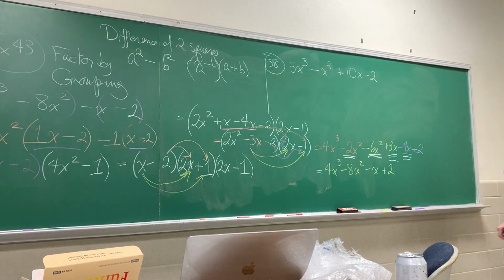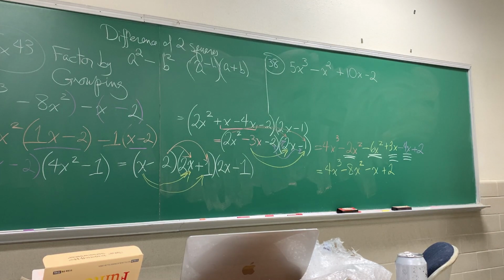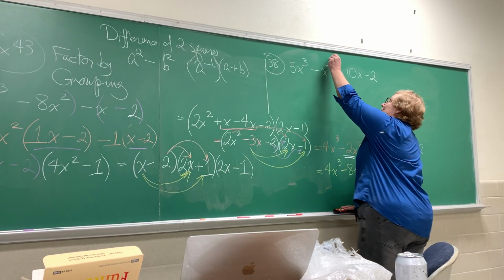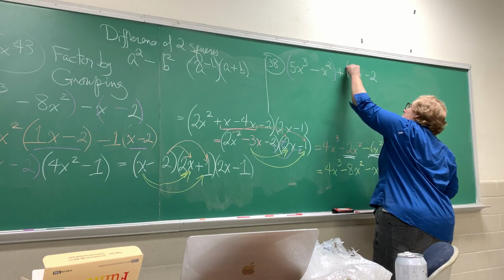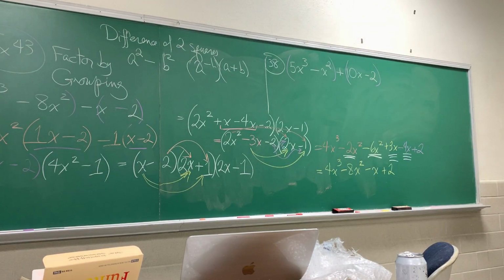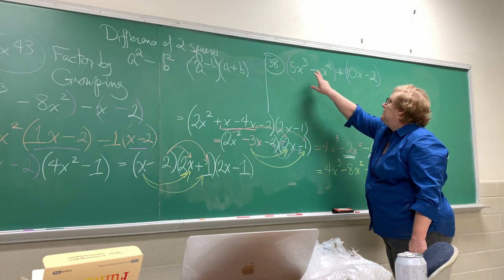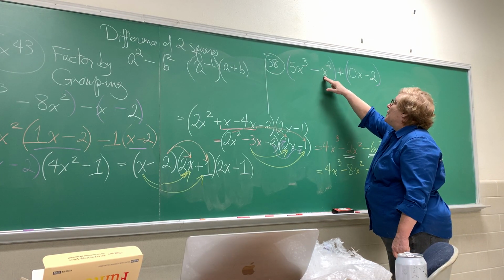And why are we happy with this just from the get-go? What's nice about it? Yes, there's a plus sign in the middle. So we can slap parentheses without having to do any extra work. Now what do we do? Yeah, what's common between 5x cubed and negative x squared?